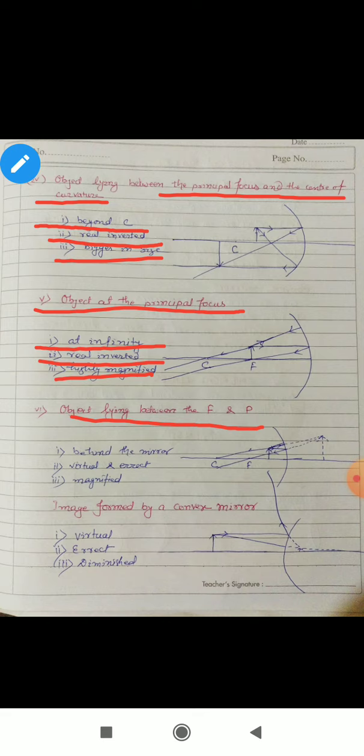And student, in this case, both the reflected rays seem to intersect at a point behind the mirror. That's why at the intersecting point only the formation of image will take place. So in this case, the first property is behind the mirror. Second property, it will be virtual and erect.